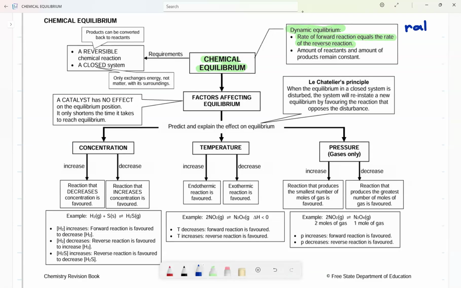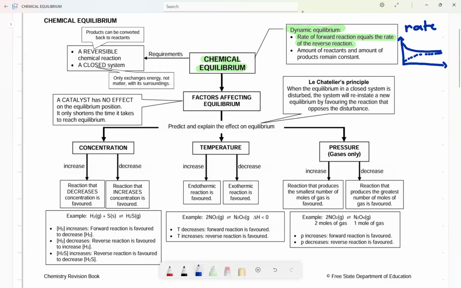The rate graph as well as the concentration graph, I think. The rate graph shows you what happens to the forward reaction as time goes on. Then it will tell you about the reverse reaction, what happens.